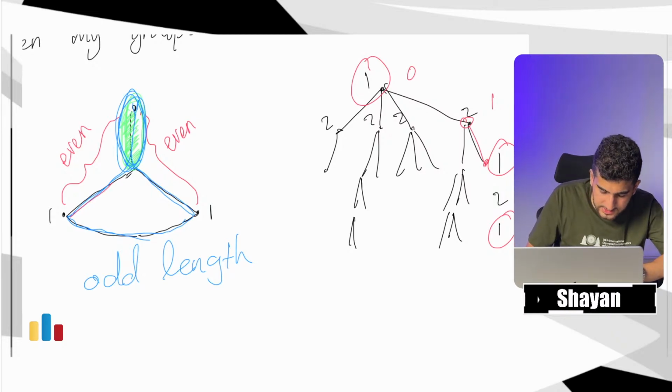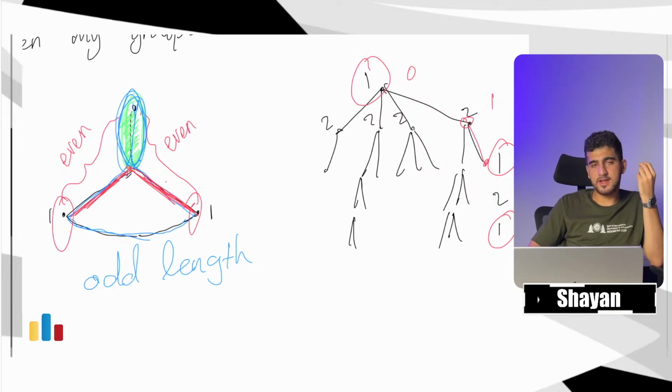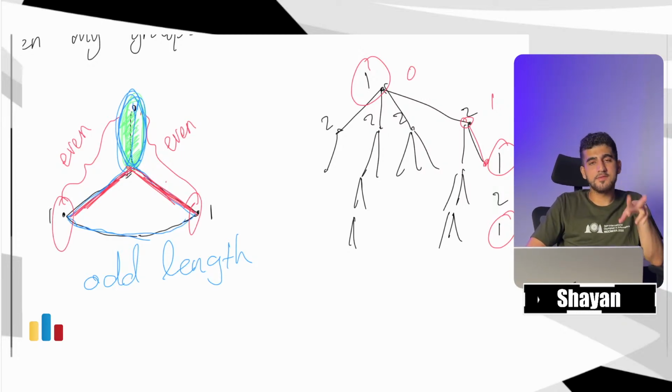So between these two there is a path of even length, and when I add another edge to them, it means that there was an odd length cycle.